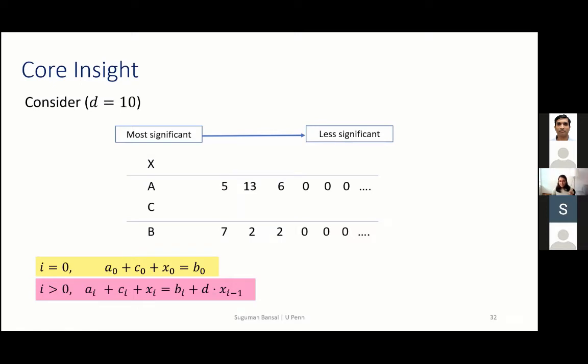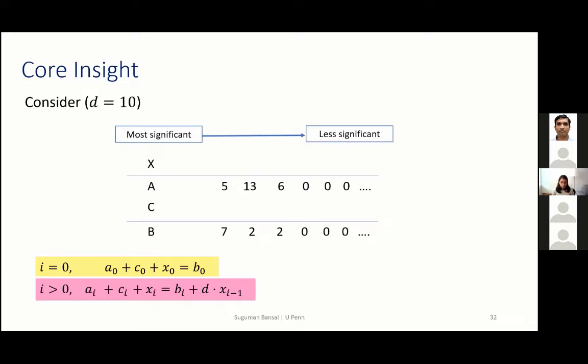But I claim that we can still use the same two equations, the yellow and the pink equation, in order to compute C. But we will do that with a touch of non-determinism. So the idea is that at every step, we want to guess a candidate value for C and check immediately if that is correct. And these two equations, the yellow and the pink equation, will help us in doing that.